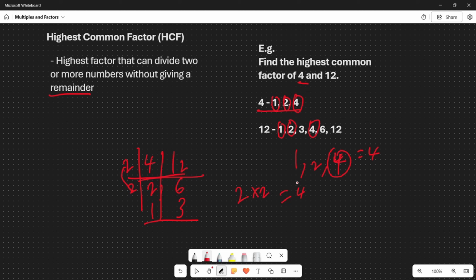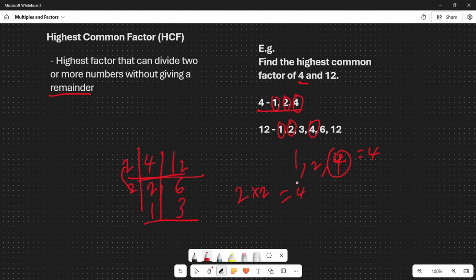For another example, it can be 6 and 39. Finding the highest common factor of 6 and 39. As you keep on moving, you find out that it's going to be quite easier as of now, even if 39 is a big number. But when you look at it, you notice that 3 can divide both 6 and 39.